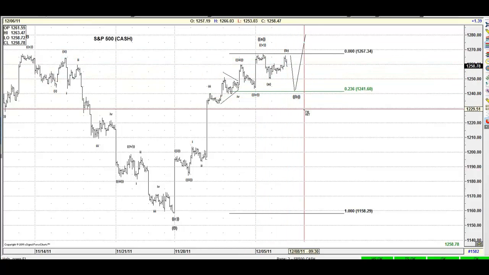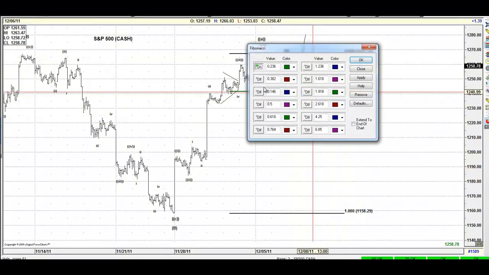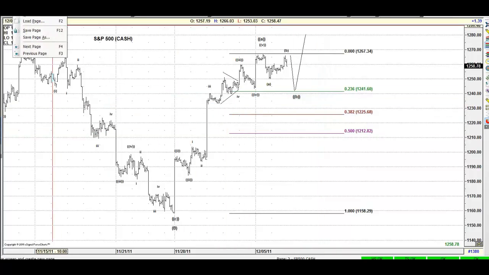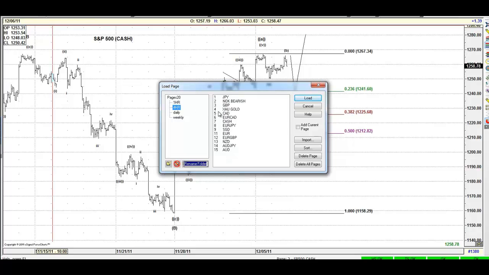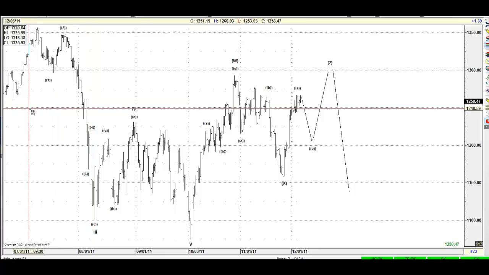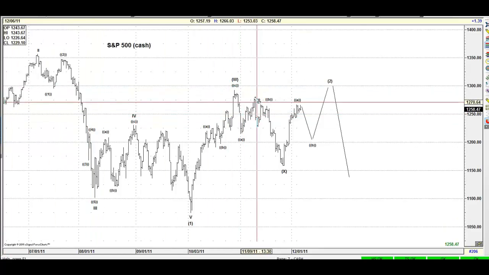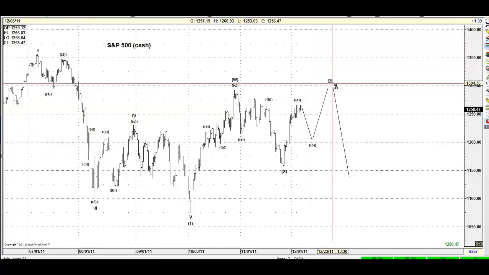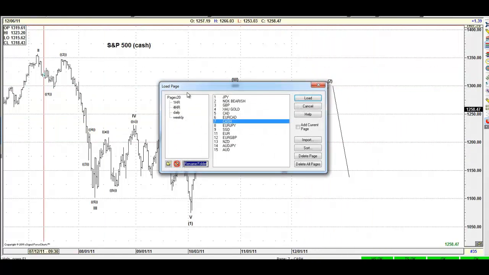Don't discount an extension lower, because usually, as you know, a correction goes to a minimum of 50%. I don't know if it's going to get there. All we know in the S&P is that we have a three-way for the 5, so continuation higher is coming.